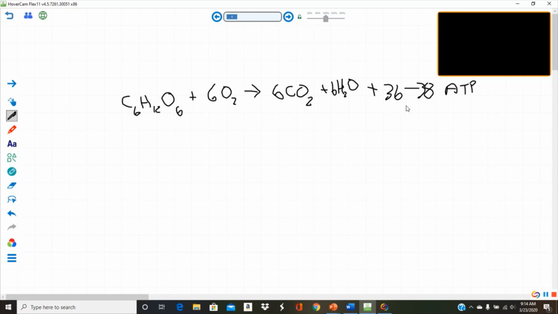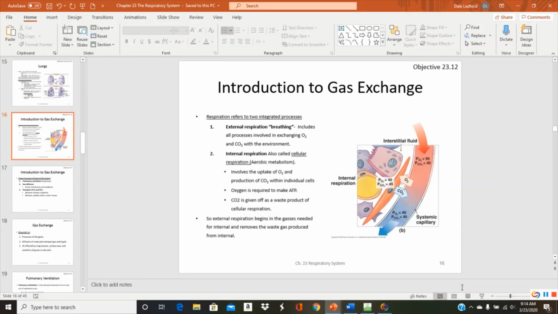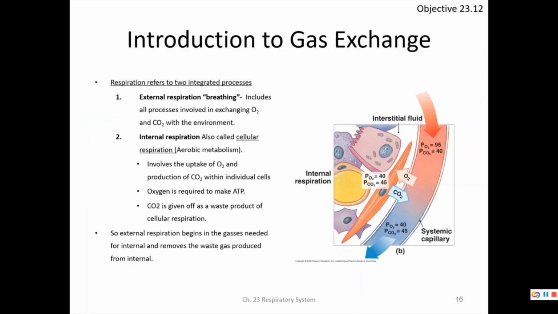And right there, this is what it's all about, is we need oxygen to make ATP, to make sufficient quantities of ATP. If you had me for A&P1, then you may remember me talking about glycolysis was anaerobic, which means it occurred without oxygen and only made 2 ATP molecules net. Well, the same thing goes here with us, is that we need oxygen to make ATP.